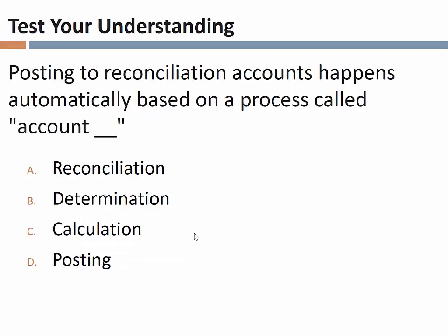This one's an important terminology question. Posting to reconciliation accounts happens automatically based on a process called account reconciliation, determination, calculation, or posting. What's the answer here? Determination, account determination. And whether you have realized it or not, or whether you realized it at the time you did this, a lot of your configuration work, including your most recent lab assignment, had you doing things related to setting up account determination.